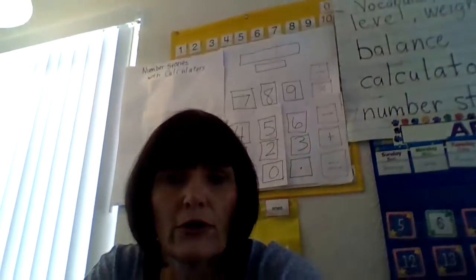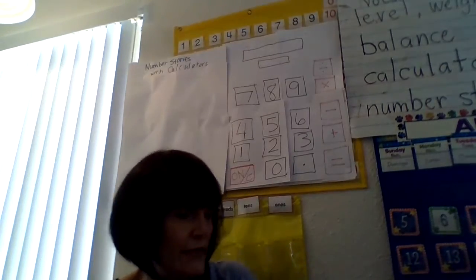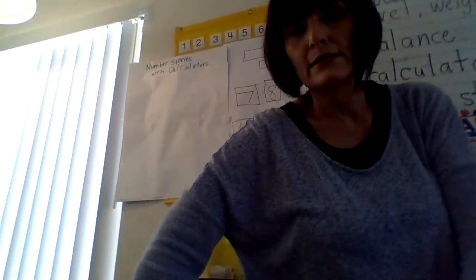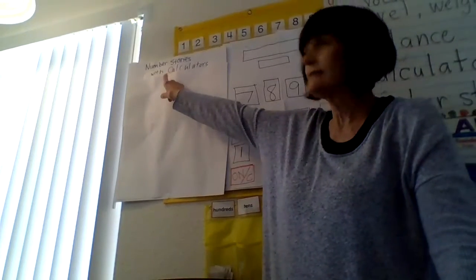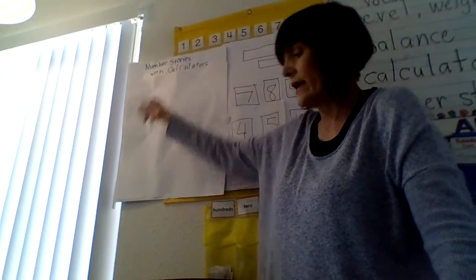Okay, that is the rocker balance or the pan balance. Now let's talk about our calculator. I hope you remember doing the calculator the other day with me. This time we're going to do number stories with the calculator, and I'm going to have to stand up to do that so that I can use my paper calculator and my paper that says number stories with calculators.